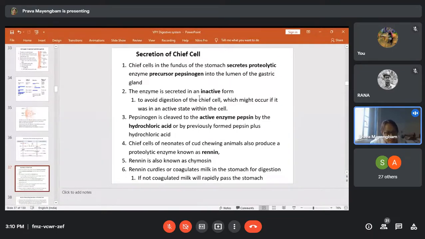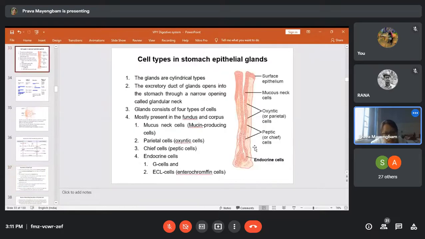The enzyme is secreted in inactive form. Why? Because if it were an active enzyme, right after secretion it would act on the surrounding cells. Got the point? All the cells consist of protein, so an active proteolytic enzyme may attack the protein walls.